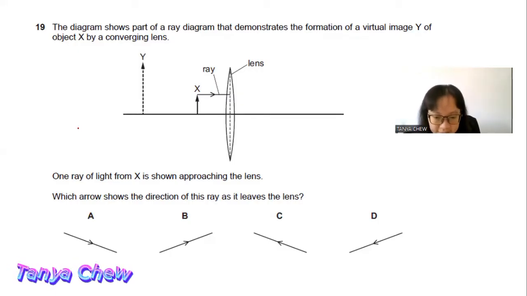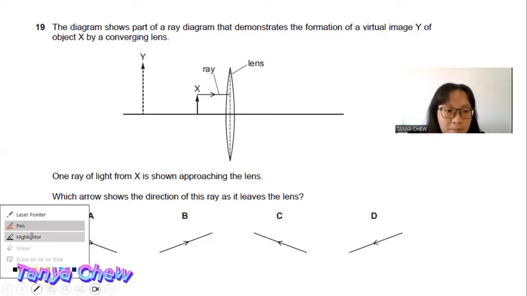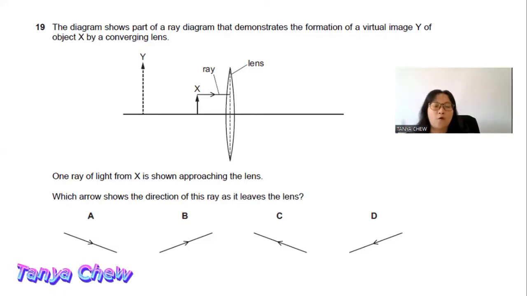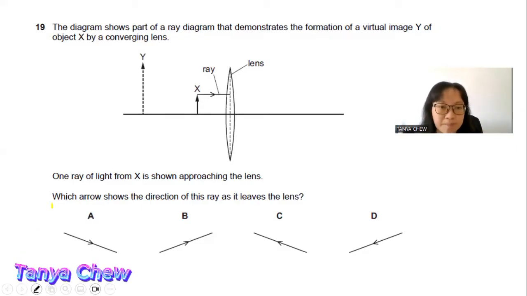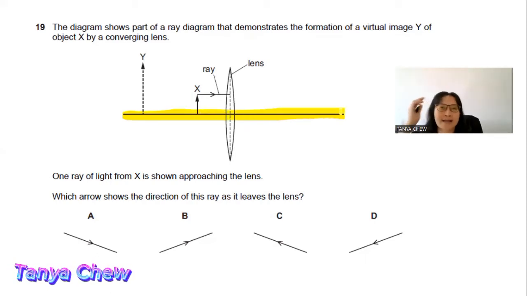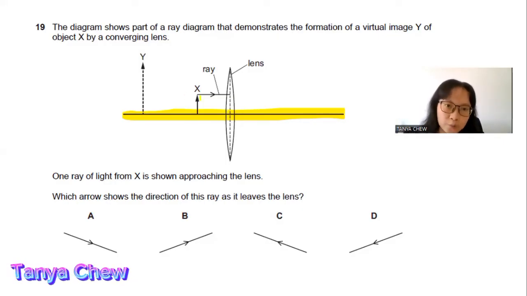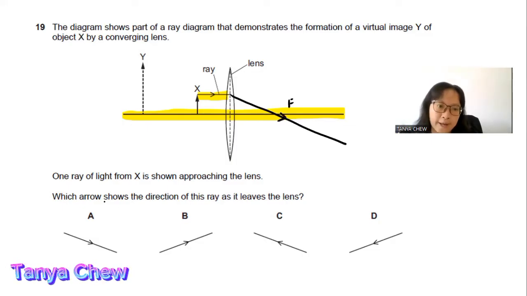You have to memorize for ray diagrams, any ray that is parallel to the principal axis. What is the principal axis? The principal axis is a horizontal line that passes through the center of the lens. Any ray that is parallel to the principal axis would be refracted towards the focal point. So A is the answer.